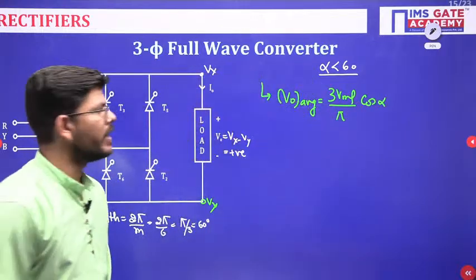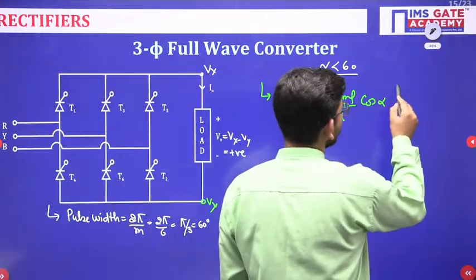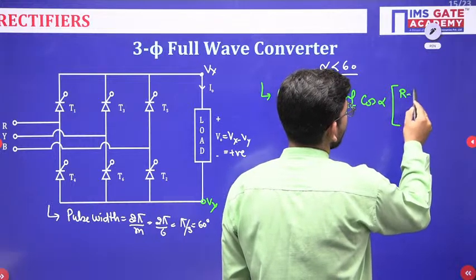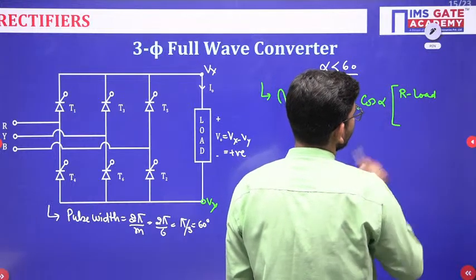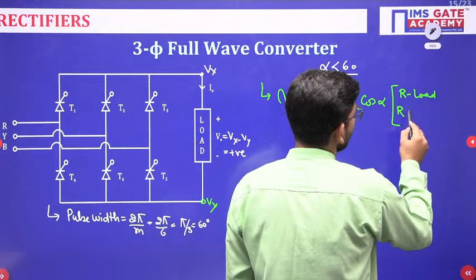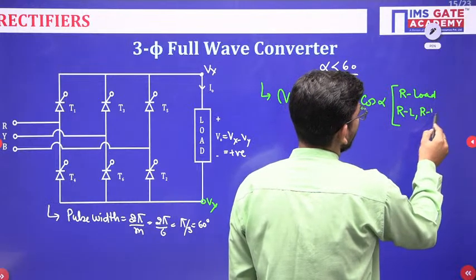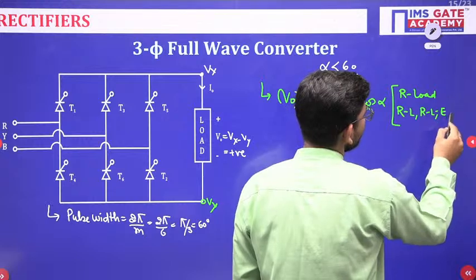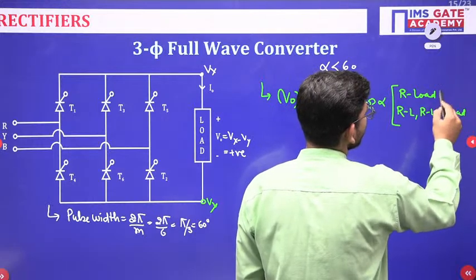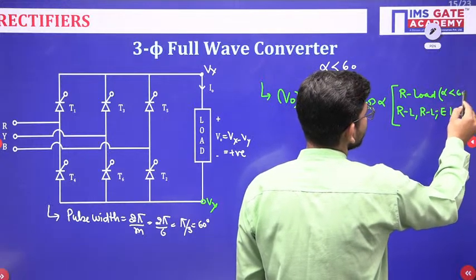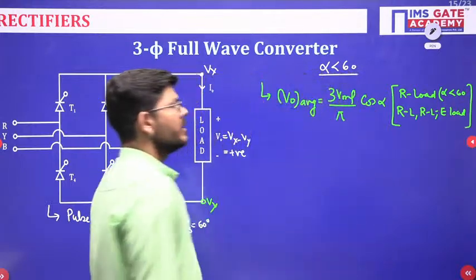This expression is valid for R load, RL load or RLE load for any value of alpha. For R load it is valid when alpha is less than 60. This is how you will get it.